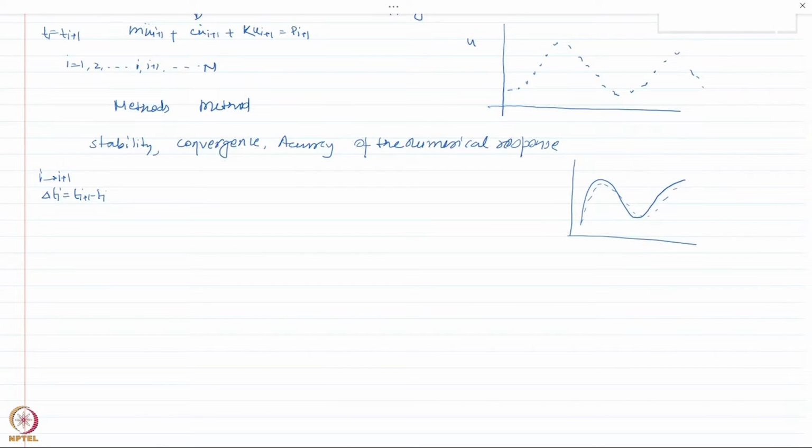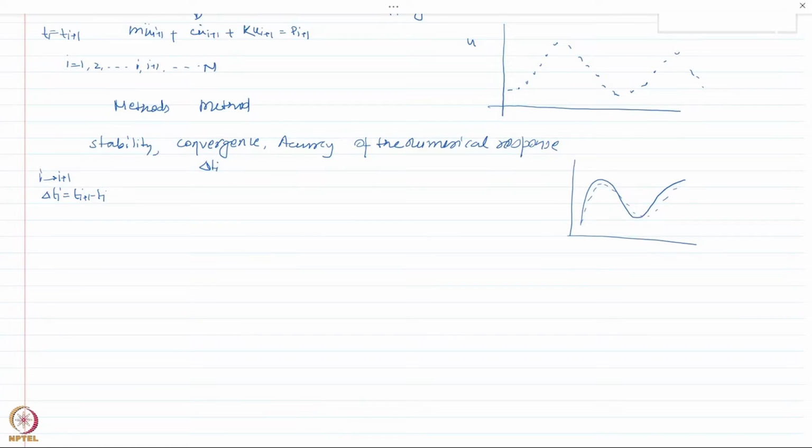Now, the second thing is convergence. Convergence means that when I decrease the time step delta ti, then my solution should approach a particular value at each and every time instant.